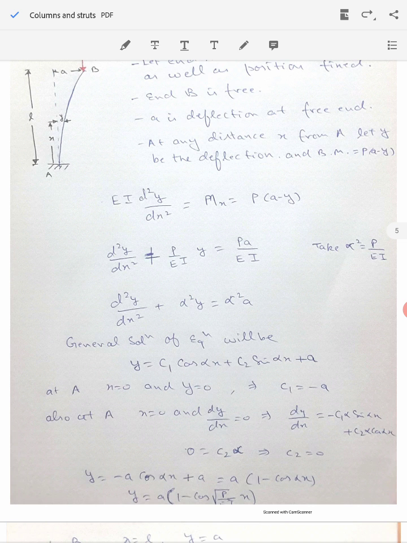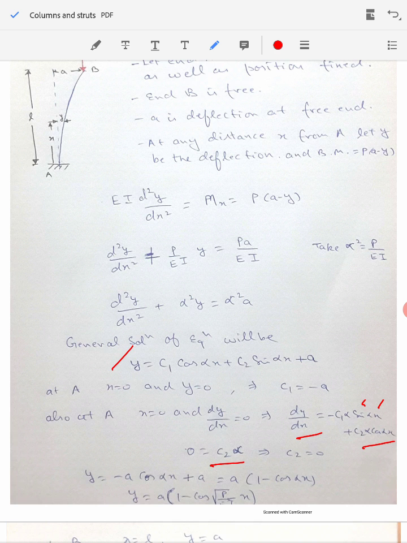Now in order to find dy by dx, let's first differentiate. If you differentiate this equation, you will get dy by dx equal to minus c1 alpha sin alpha x plus c2 alpha cos alpha x. The differentiation of a will be 0, and when you substitute x equal to 0 here, the first term will become 0 and you will get c2 times alpha equal to 0.